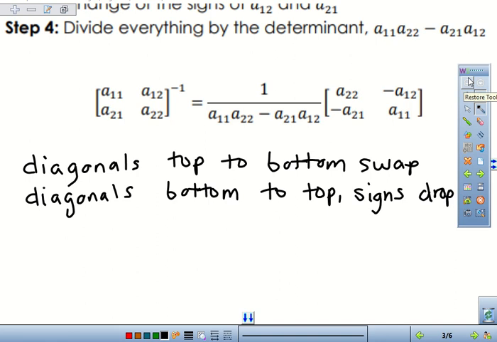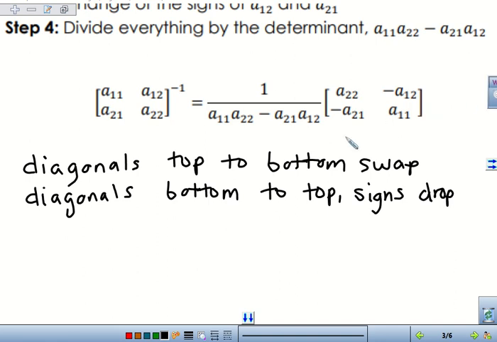So I'll just explain what I mean by that with this example. As you can see, diagonals top to bottom, they swap with each other. Diagonals bottom to top, these guys, the signs drop. So whatever sign they currently have, if they're negative, they become positive. If they're positive, they become negative. Okay, so that's a little phrase to help you remember, but you can remember however you want to remember.